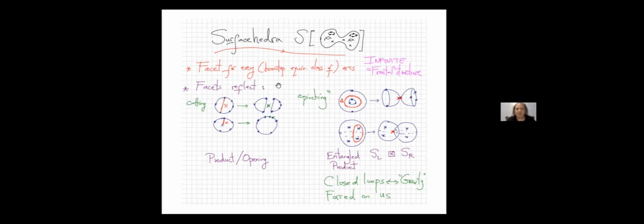So there's an infinite polytope associated with the generic surface, and the facets reflect the combinatorics of crossing arcs, and in particular, the facets have a factorizing structure or a pinching structure that exactly reflects the cutting and pinching of the corresponding arcs on the surface.